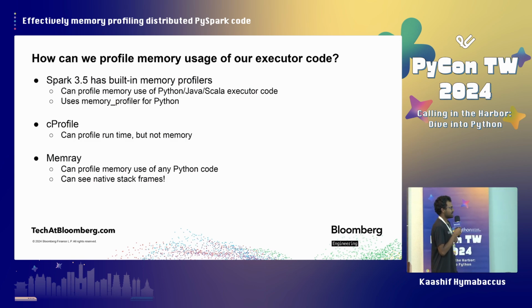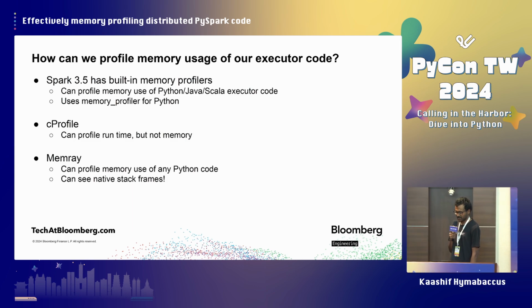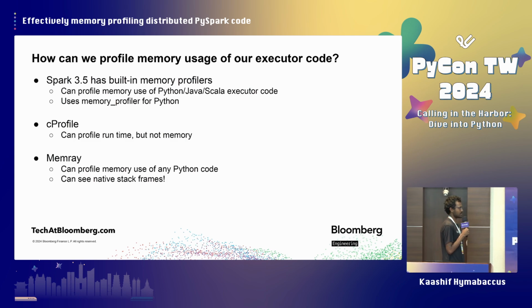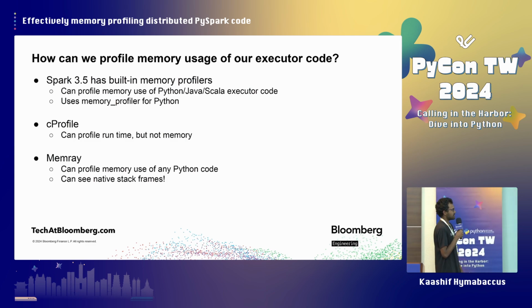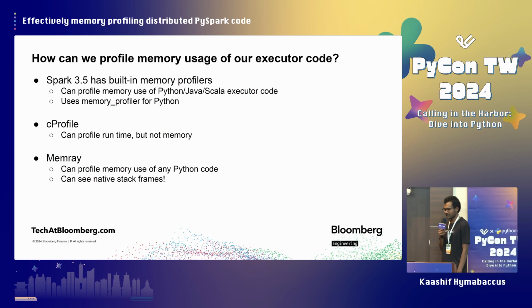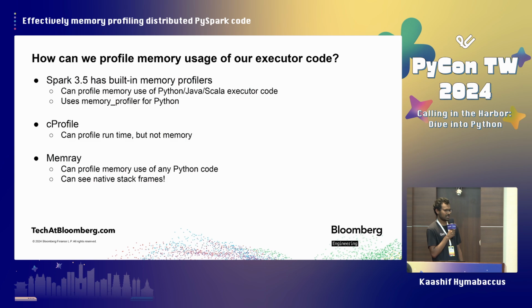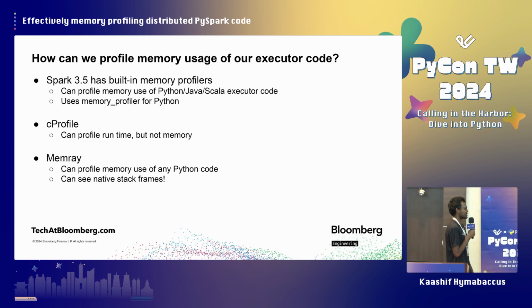Spark 3.5 has built-in memory profilers using the memory profiler package, and you can profile Python, Java, Scala, whatever, using various built-in Spark features. As for cProfile, in this case we don't care about runtime really. We just care about memory. With cProfile, you can do something funny that I've seen before, where you provide a timing function that measures memory usage. That's kind of an abuse, and it's kind of funny. I've seen it in a talk before, but that's not what we're going to do here.